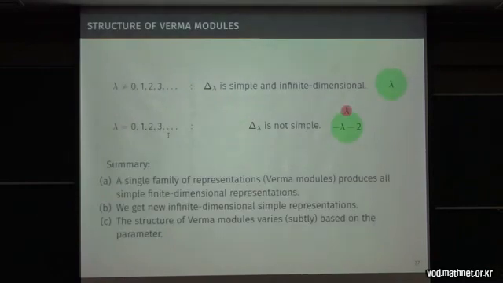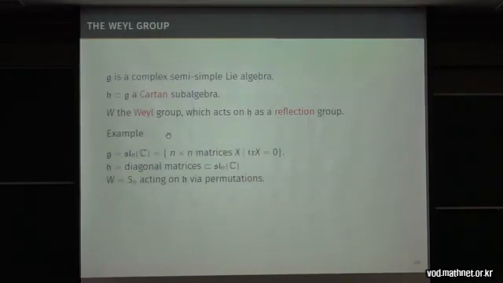So the Kazhdan-Lusztig conjecture is about the structure of these molecules. So I need to introduce a little bit of technology from representation theory. So we take a complex semi-simple Lie algebra, for example SL2, we take a Cartan subalgebra, a maximally commutative semi-simple subalgebra, and we consider the Weyl group, which acts on this subalgebra as a reflection group.